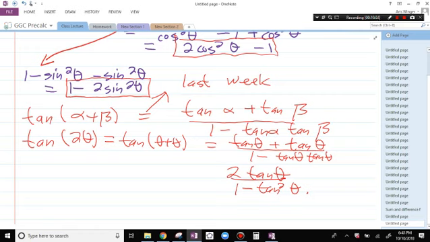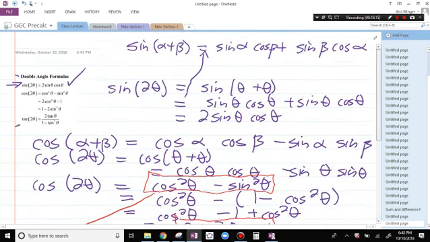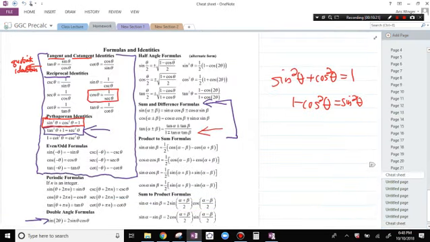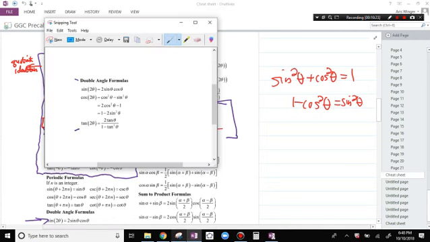Oh, let's do the half angle. So then, if I want to know, for instance, the sine of 15 degrees, well, 15 degrees is half of 30, so maybe I could say something about that. Half angle formulas. Where are you, cheat sheet? Oh, you're back over here. Half angle formulas, these over here.